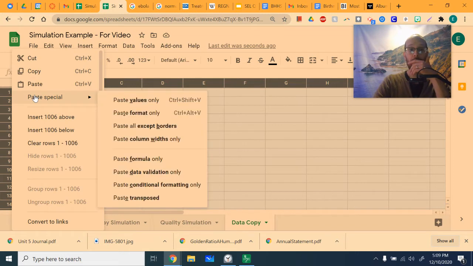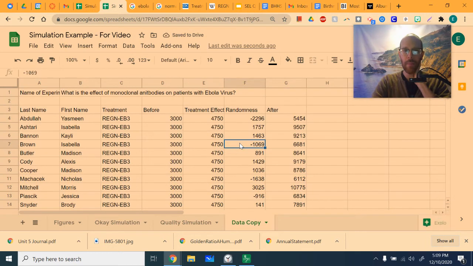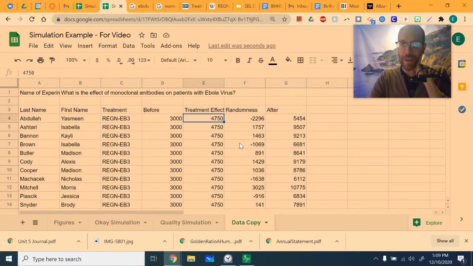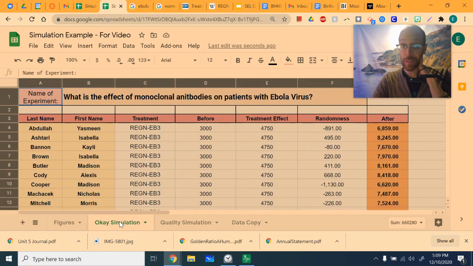But you're going to do a special paste of values only. Once again, values only. Now, when you do values only, it's not going to look pretty anymore, but the benefit is that it's going to get rid of all the formulas, which means that these will be stable numbers. And when you do your pivot table, you will use these data right here. Don't use these because they are going to keep on changing.